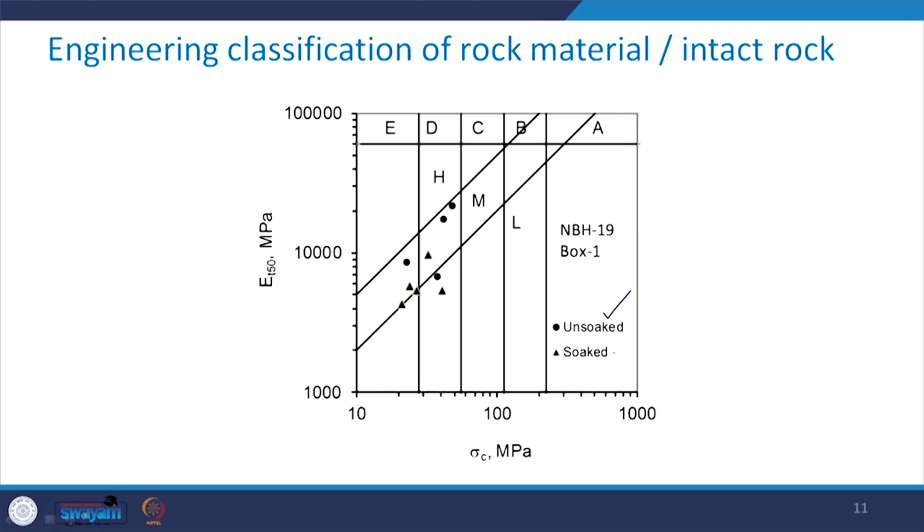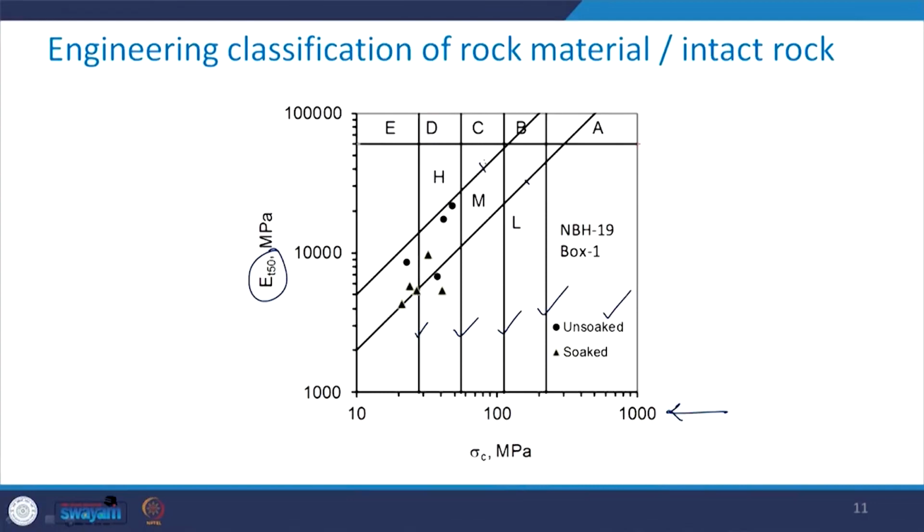So, we find out UCS, which is on the log scale on the x axis, and then we find ET50. You know how to obtain that. That is also on the log scale. And then these 4 vertical lines, as given in the Deere Miller classification system, have been superimposed here along with lines having slopes 200:1 and 500:1.